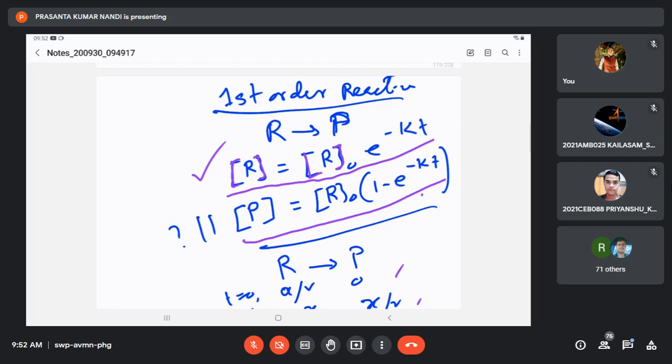If we write it as R0 into 1 minus e to the minus kt, then at the limiting value, t tends to infinity, what happens? Product concentration will be equal to R0. Yes, it is correct. There is no confusion. So if we follow the limiting behavior of reactant concentration and product concentration, it's all right. But how can we derive it?